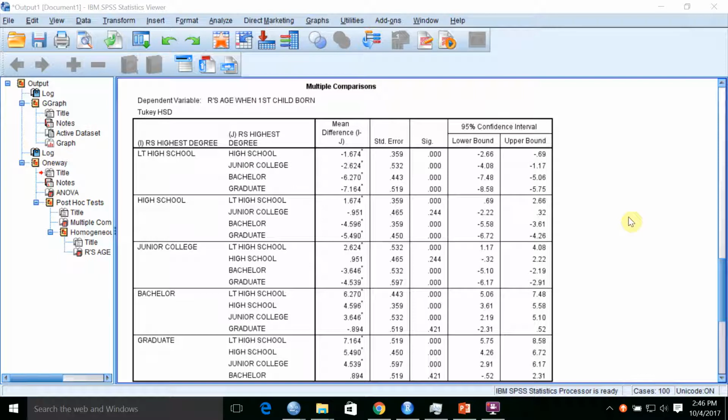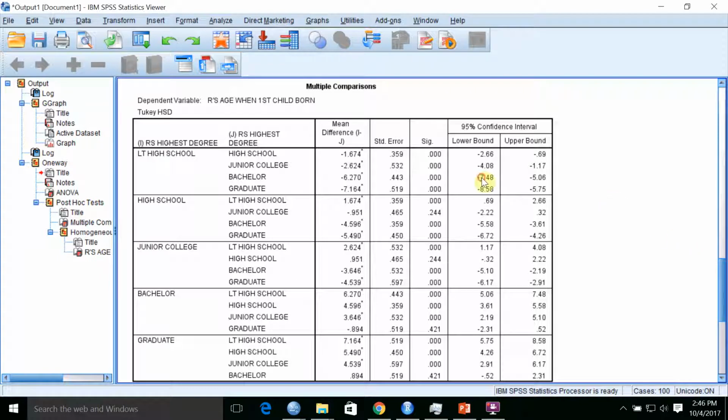And they have children 0.95 years earlier than junior college. So that is not significant. You can see that that is not less than 0.05, so we can't conclude that there is a significant difference between high school and junior college. There is a significant difference, however, between high school and bachelor's degrees and high school and graduate degrees.